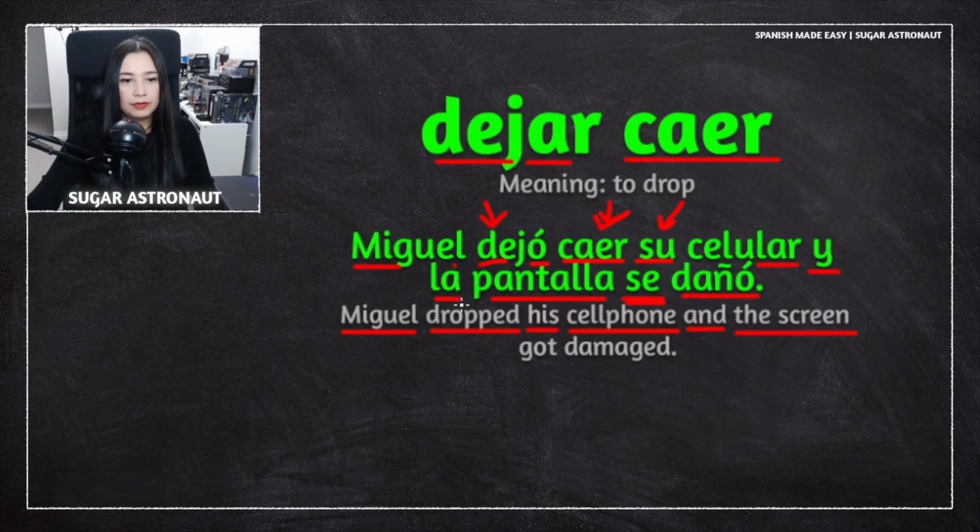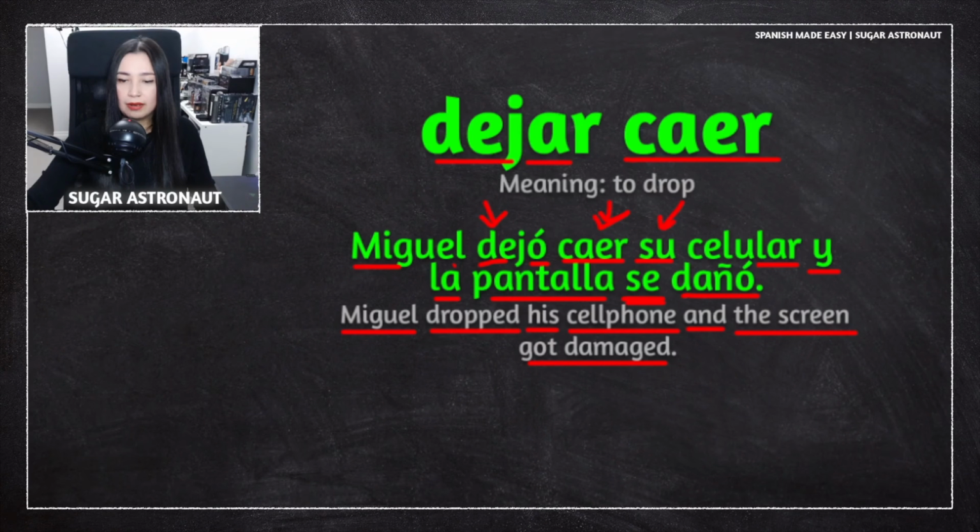Because if you say la pantalla dañó, that makes no sense. You need se. Se dañó. Got damaged. I know se can be confusing, but it means themselves, itself, himself, herself, each other sometimes.